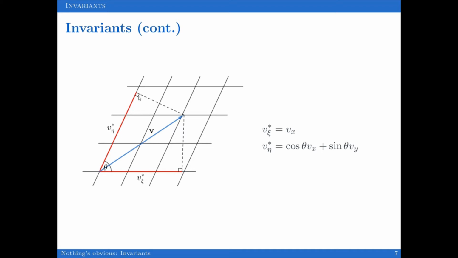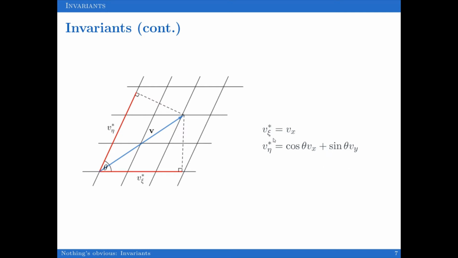Instead of representing V in terms of the V psi and V eta components, we project V onto the axes instead. So we can write them as V psi star and V eta star, which is equal to cos theta Vx plus sin theta Vy.